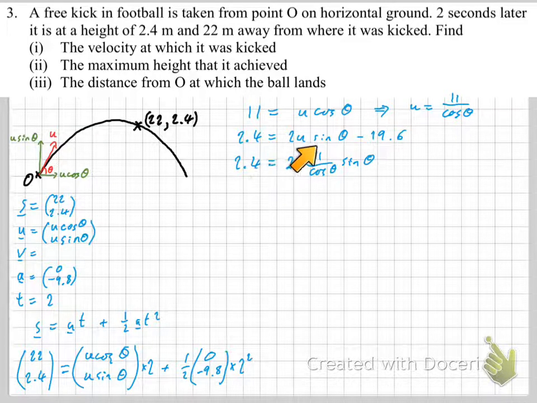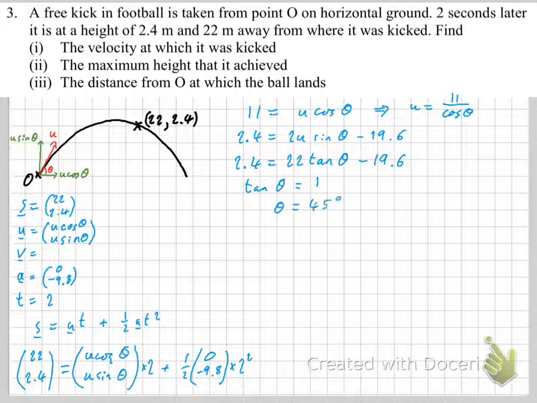Notice we've got a 2 times 11, and we've got a sine theta divided by cos theta. So that's 22 and tan theta. Great. One equation, one unknown, rearrange to get tan theta, and actually, nicely, you get exactly 1, and therefore theta is 45 degrees. We need u as well, because the question asks for the velocity, which has magnitude and direction.